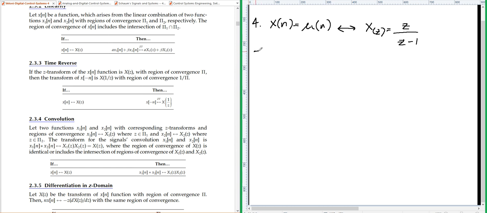If you have a reversed one, so your x[n] becomes u[-n], what's the z transform?